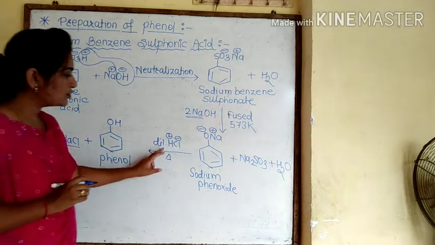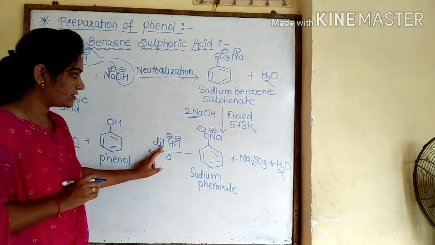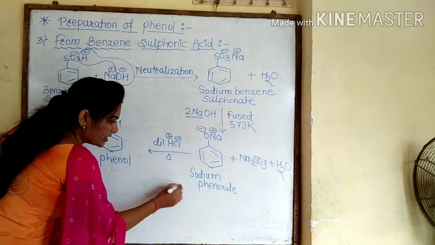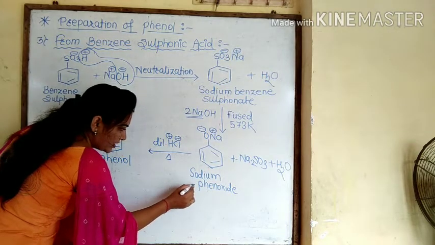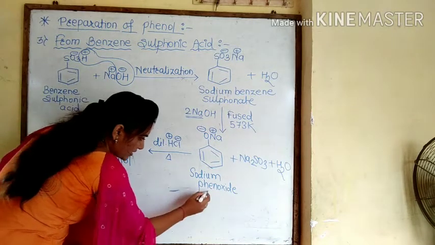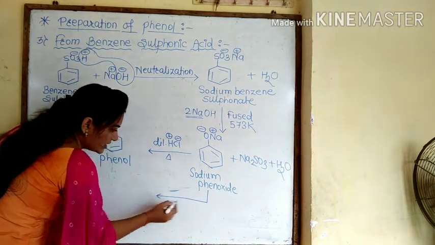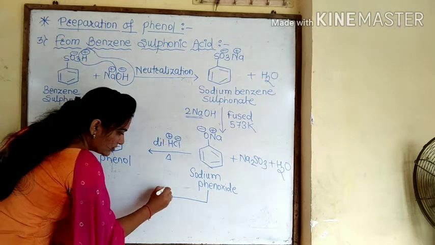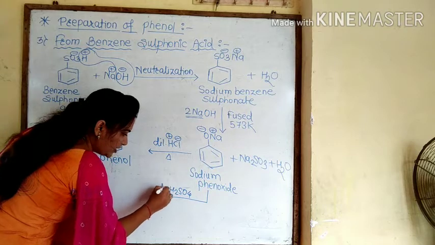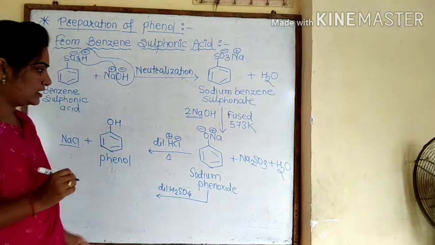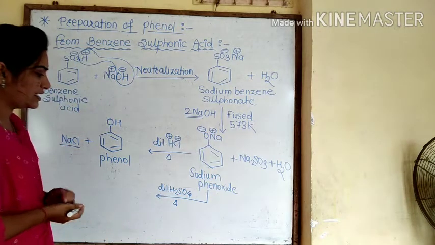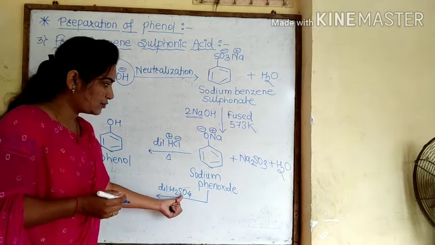We can also use, instead of dilute HCl, this alternative reaction: the sodium phenoxide can react with dilute sulfuric acid, H2SO4.